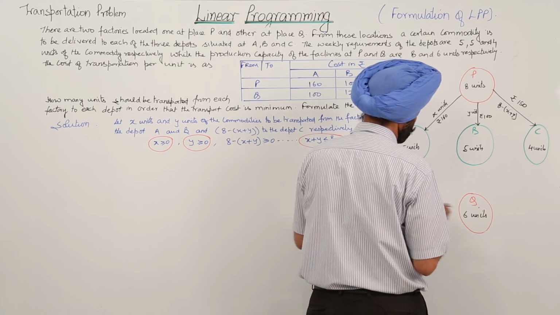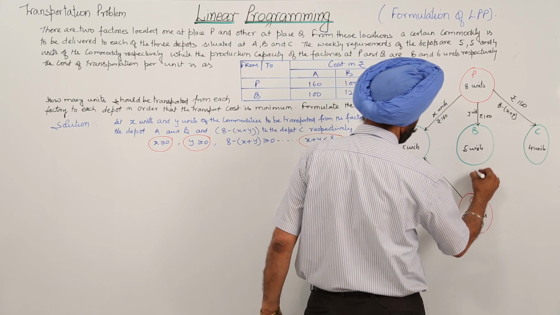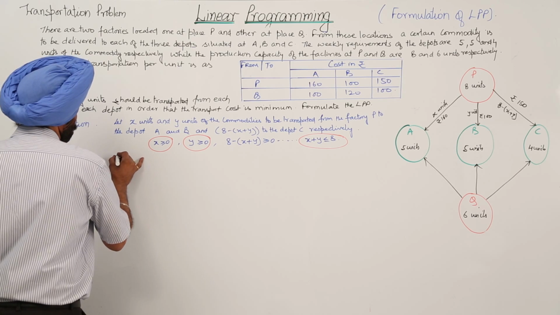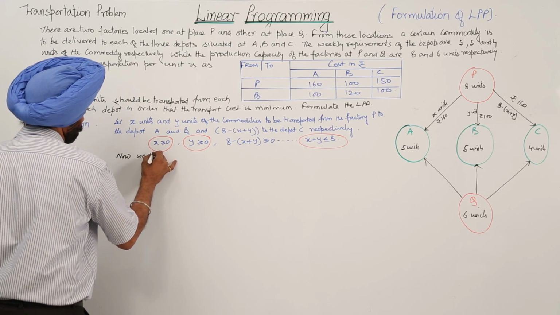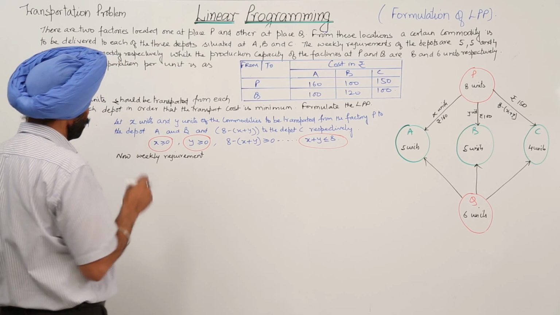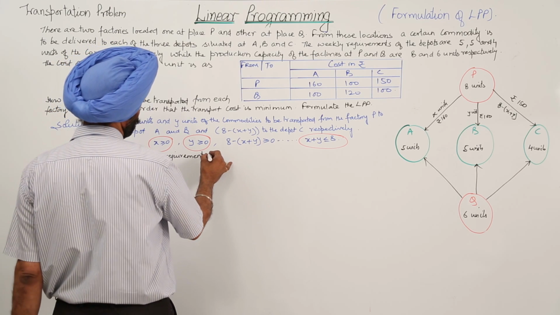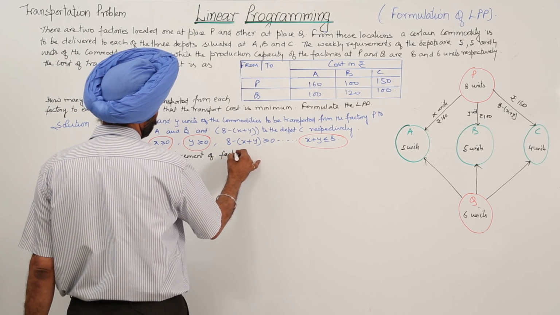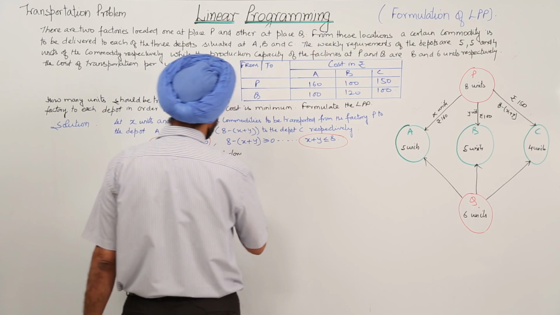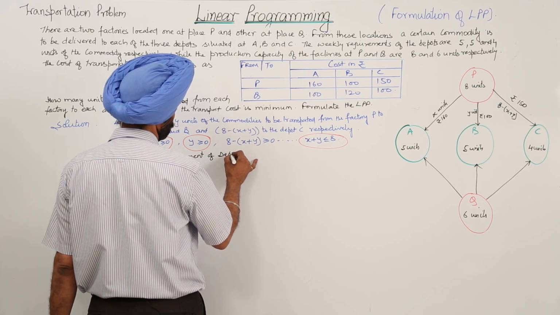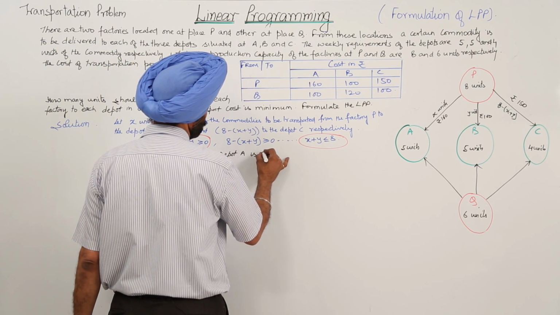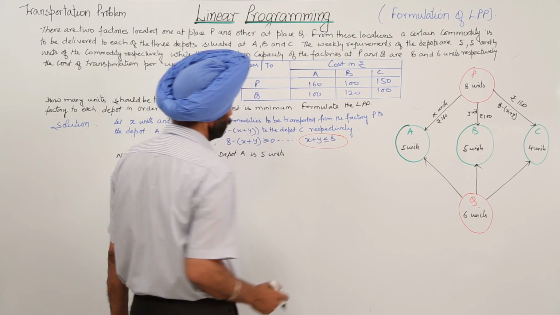Now the weekly requirement of depot A is 5 units, as mentioned here.